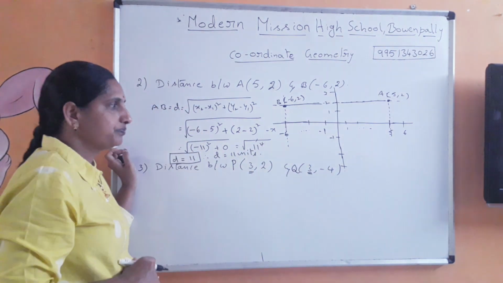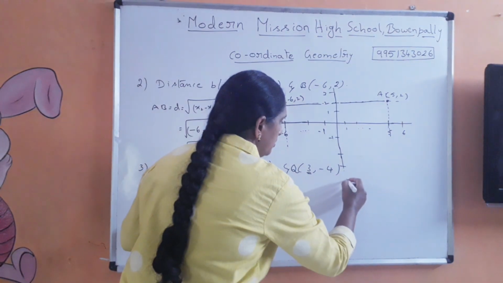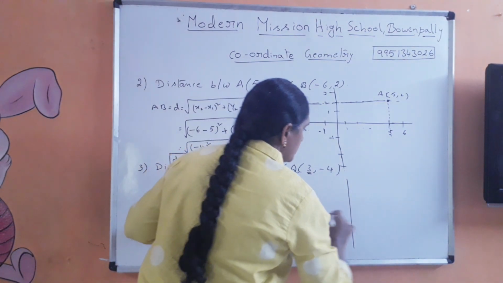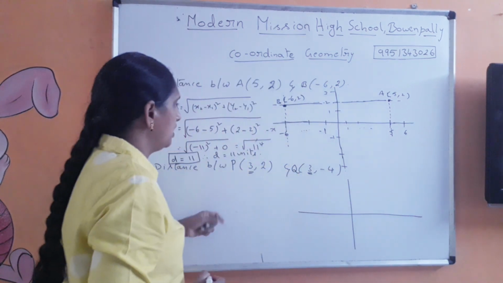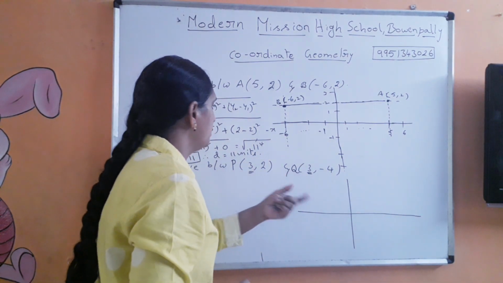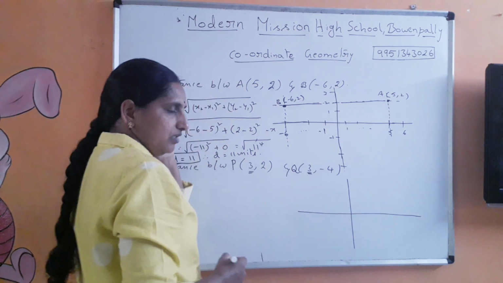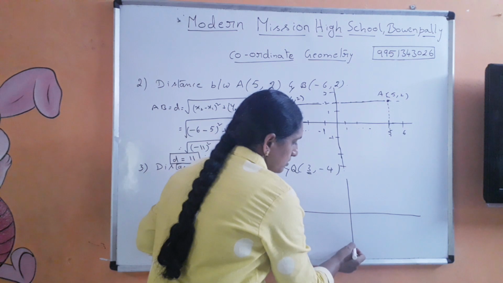Direct method. From the diagram, suppose you need to draw the xy coordinate system. Let me see how the values are. The x-axis is varying up to 3, so almost 3 units I need, and on the y-axis 4 units. On the negative side it is much longer.